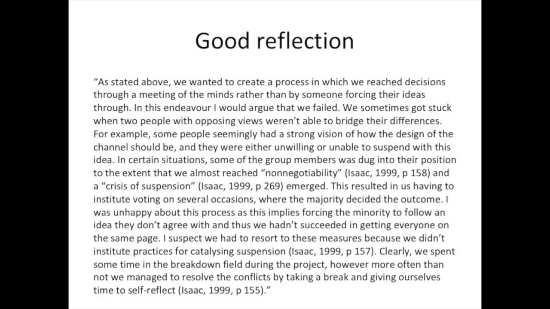And then the author says, well, actually using voting is just the majority imposing the will on the minority, and therefore it's not something where you really engage in dialogue. And then the author says that this shows that they did not practice suspension.